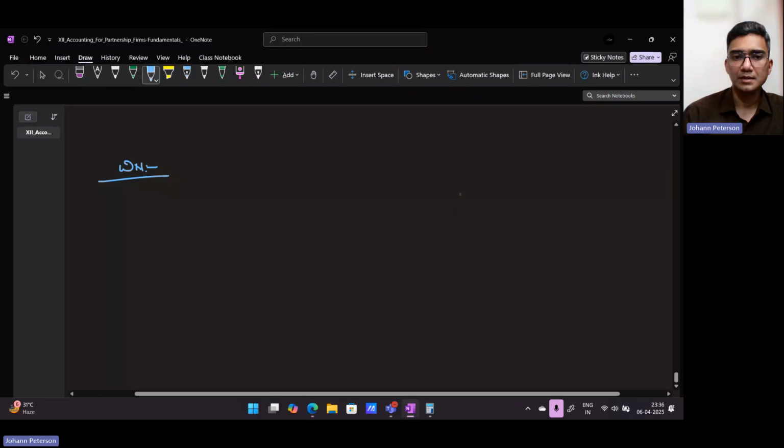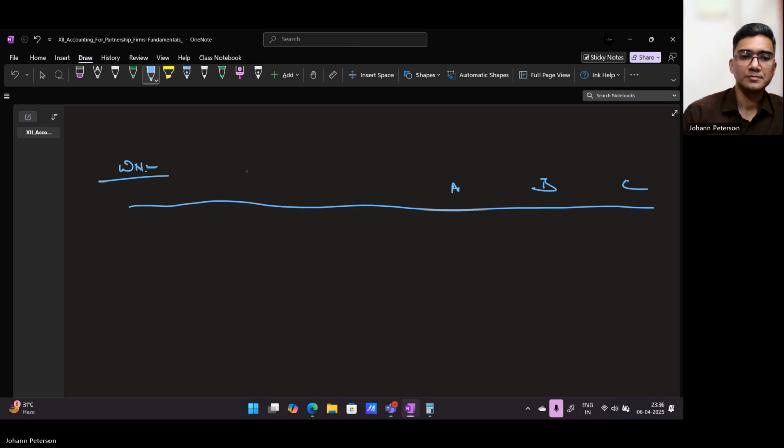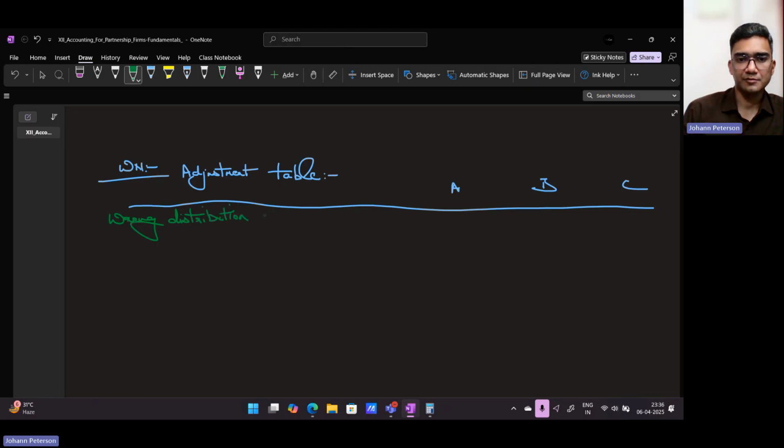Three partners, A, B, and C. This is our adjustment table. In this, first we are going to take back. So, wrong distribution of profit.